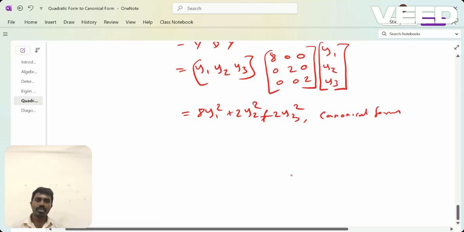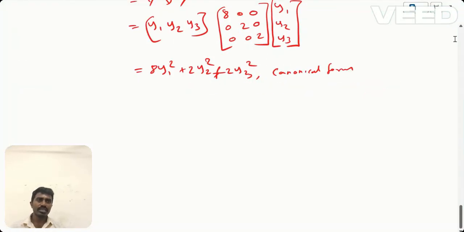Another part of the question is, hence find the index. Index is nothing but the number of positive eigenvalues, or we can say the number of positive terms in the canonical form. Here the number of positive terms is 3, so index is 3.